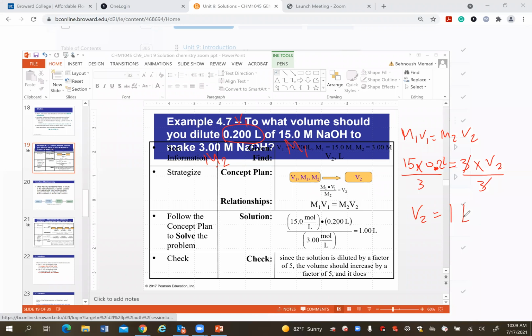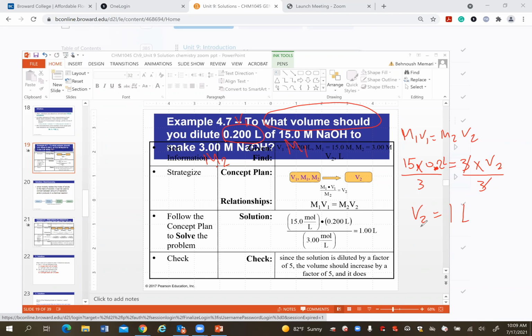How much water should you add? Because some questions could ask you how much water you should add. You already have 0.2 liters. In order to change it to 1 liter, you have to add 0.8 liters. But this question was nice to you, and it's just asking what volume should be diluted to.